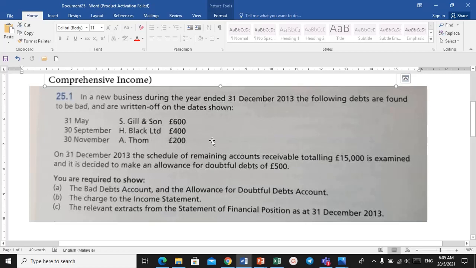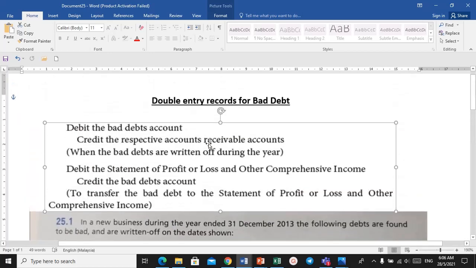So once we have debtors' bad debt, we need to close these debtors accounts, and the double entry for this debtors account would be bad debts, okay. So this is what these notes talk about.